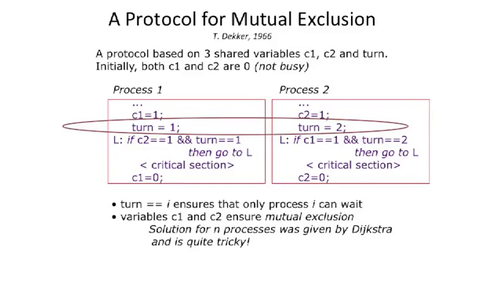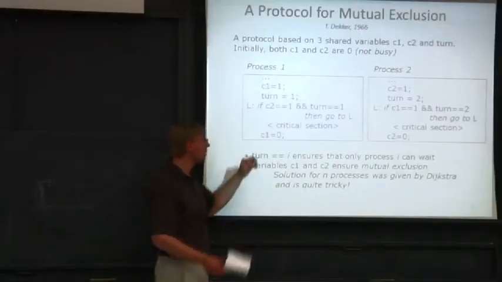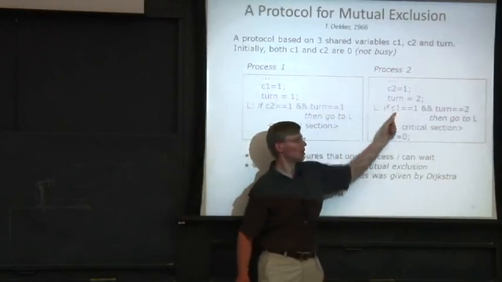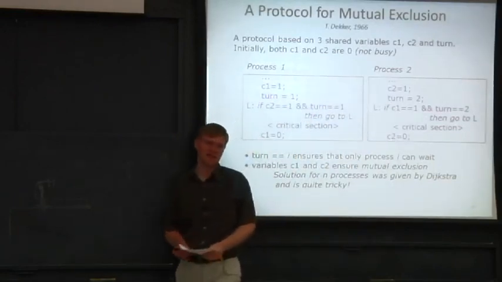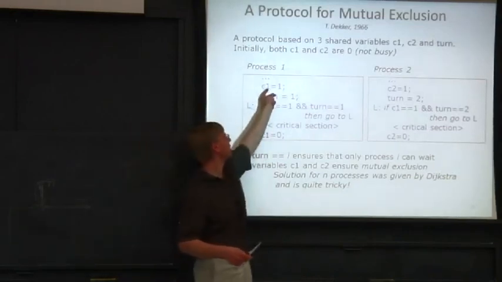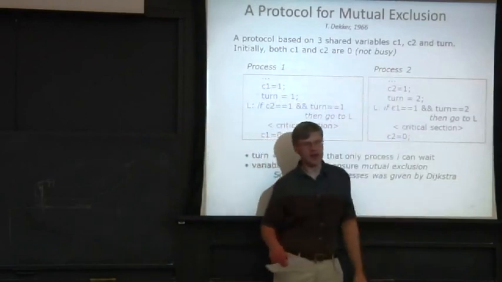So this looks pretty similar to what we had in the previous slide. But now the turn variable is shared between the two. And what this is really going to act as is a tiebreaker in the case where they both set C1 effectively at the same time.